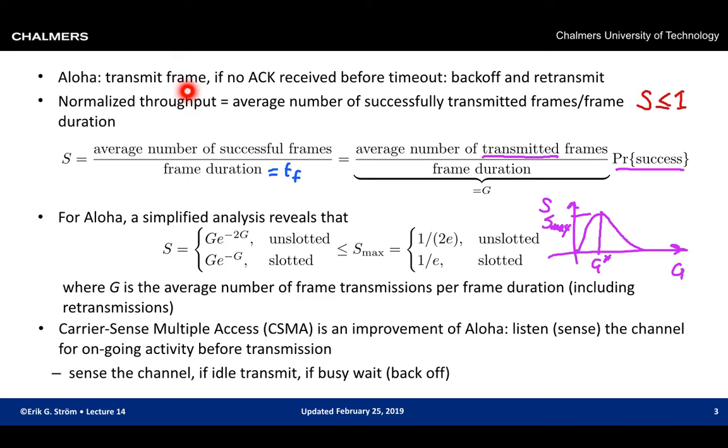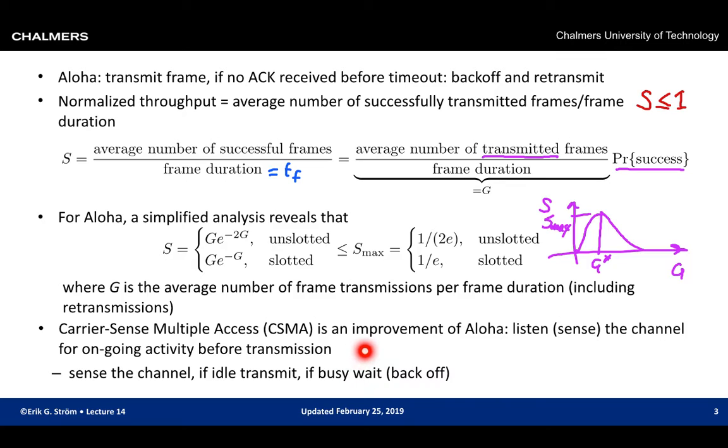Because you're not going to get your frame through since it will collide with somebody else's, and you will also collide with somebody else's frame, and that frame will not get through. So it's basically a complete waste of time and energy to transmit this frame. The better thing to do is what's called carrier sensing. That basically is like ALOHA, but you listen to the channel before actually doing transmission.